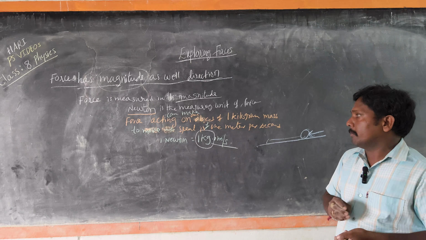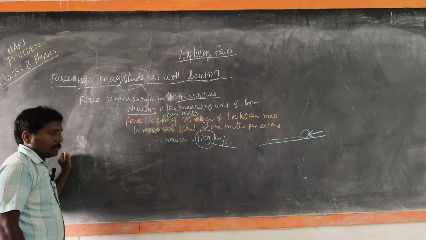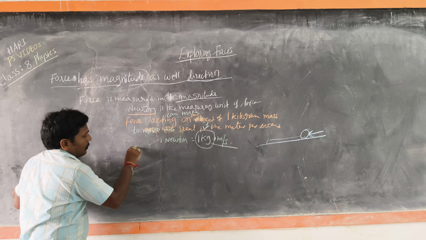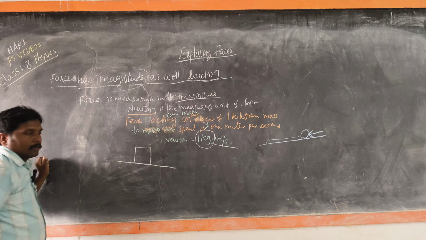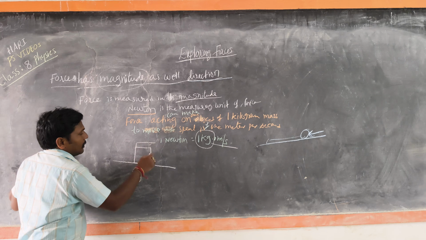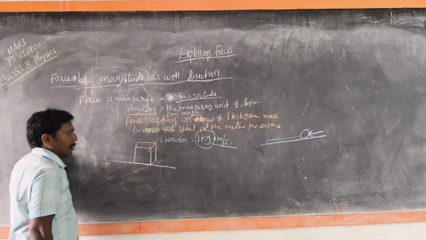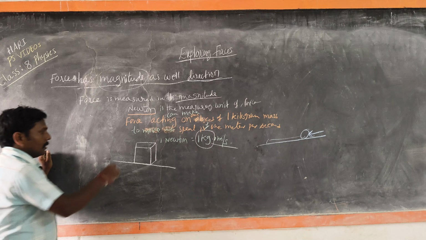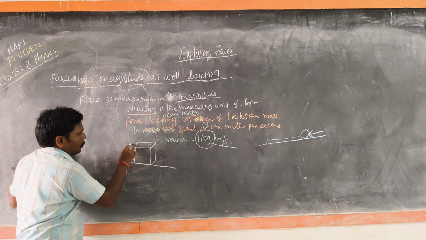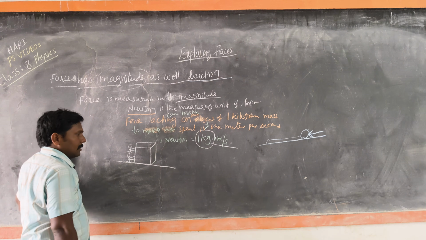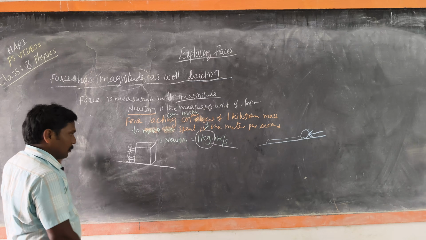It must have magnitude and direction. For example, here a heavy box is placed on the floor. Two persons, person A and person B, are trying to push it on the floor.